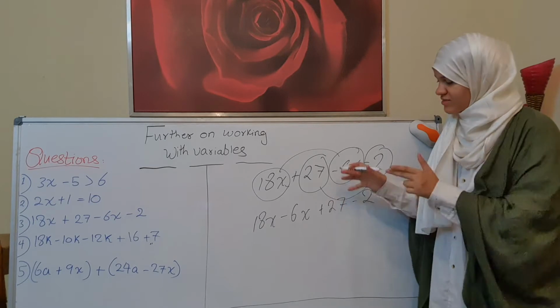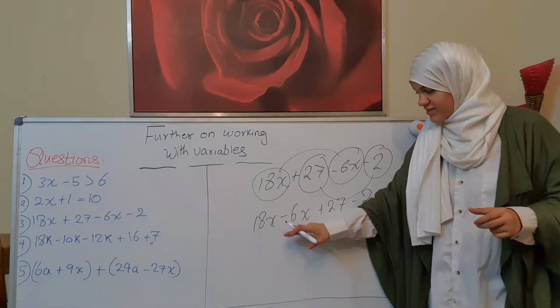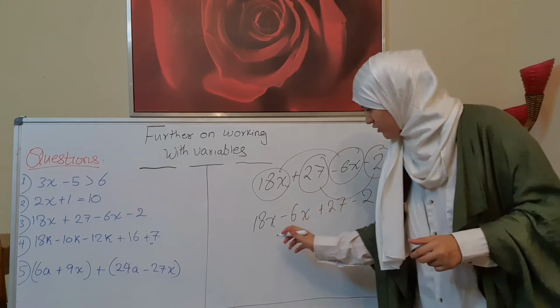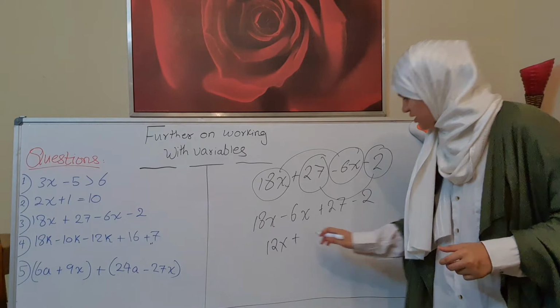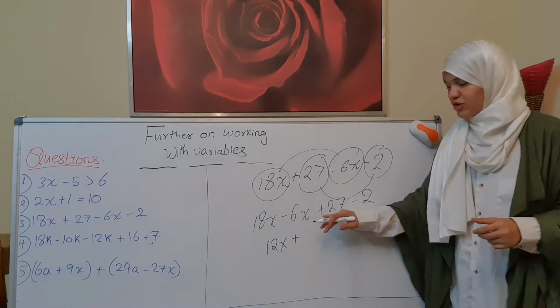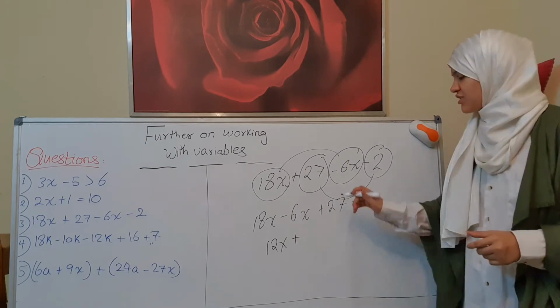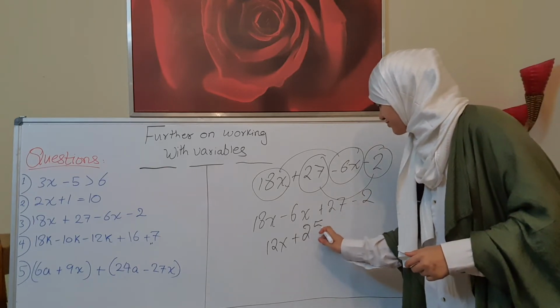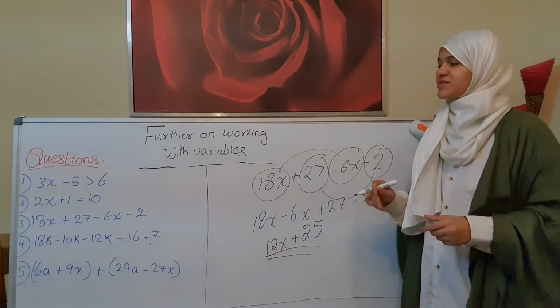Now you can subtract and add as you want. 18x minus 6x will be equal to 12x plus, because the greater number is positive, so we put a positive. 27 minus 2 will be 25. And this is the final answer for question number 3.